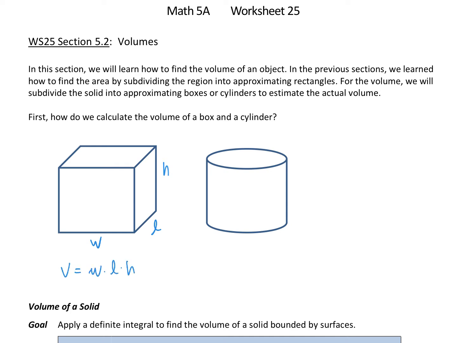When you think about it, if you just get the width times the length, that gives you a rectangle, right? So this is the area of the rectangle that we have at the bottom of the box. So isn't it just the area of the rectangle times height? The answer is I can look at it that way as well.